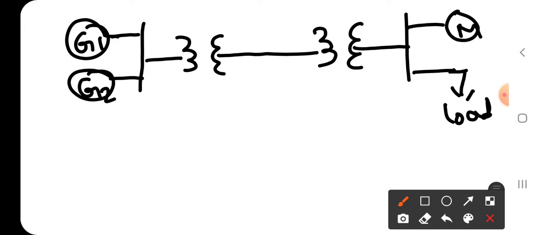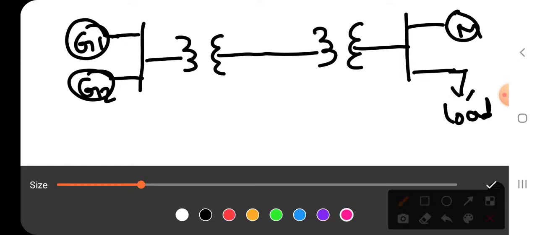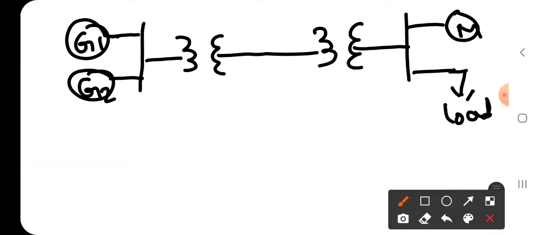For this case, what is the impedance diagram or reactance diagram? Let me first draw the impedance diagram.